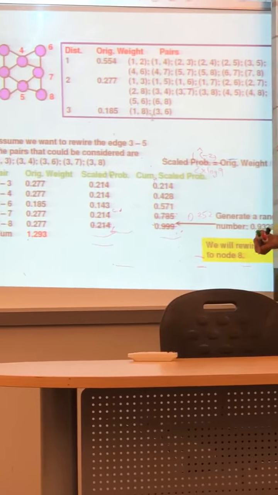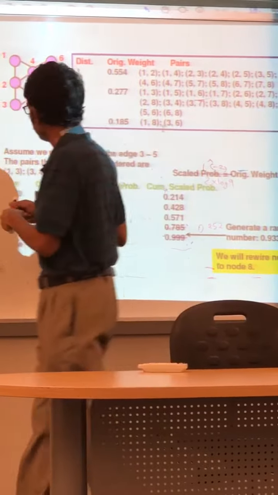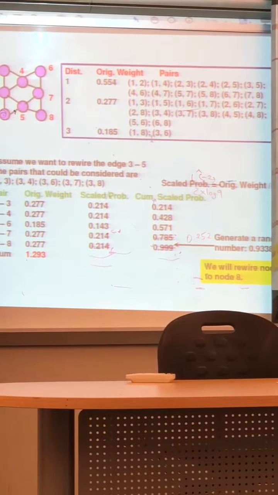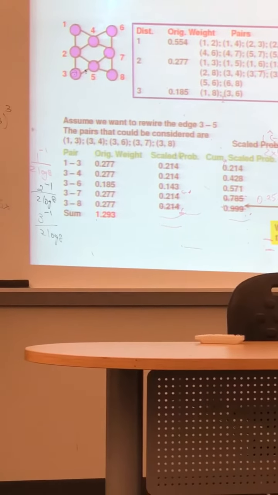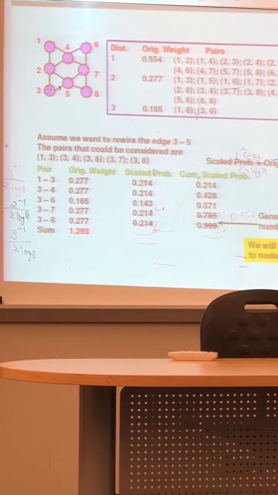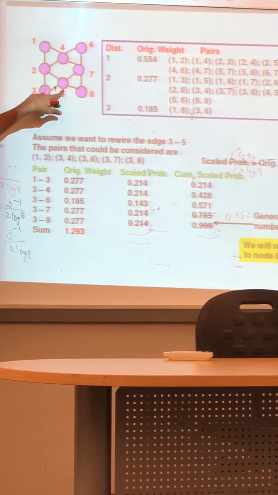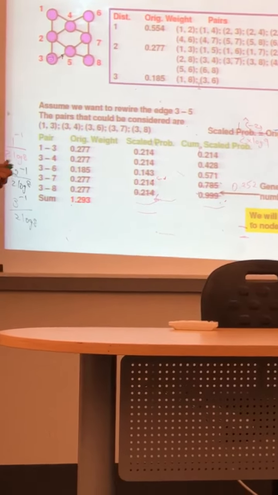That means we remove the edge between 3 and 5 and rewire 3 to somebody else. The first step is to identify the candidate nodes to which 3 can be connected. You cannot have 2 and 5, so anything other than 2 and 5. So 1, 4, 6, 7, and 8.